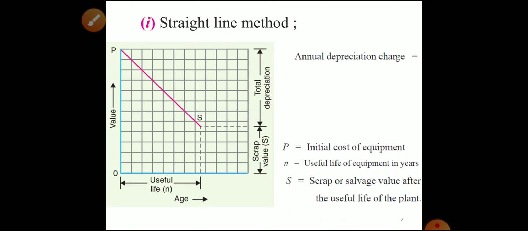How much is the total depreciation? Total depreciation is mentioned here on the y-axis, that is P minus S, in n years. So per year will be P minus S, the total depreciation in n years, divided by n for 1 year. So this is the formula for calculation of the depreciation charges by the straight line method.